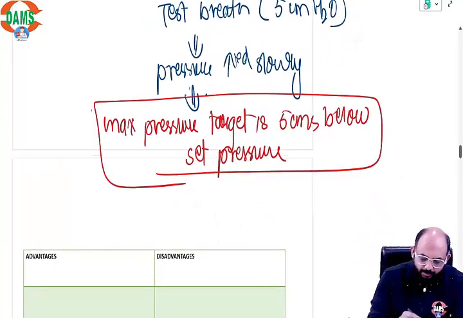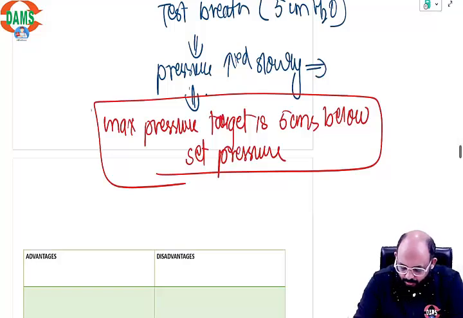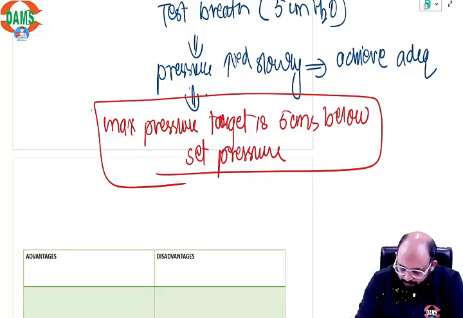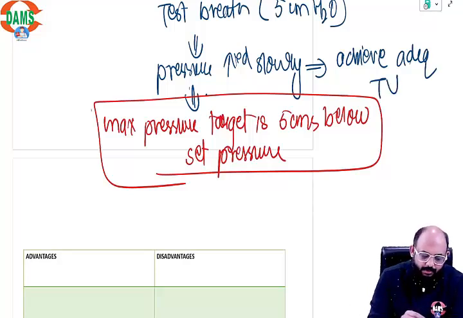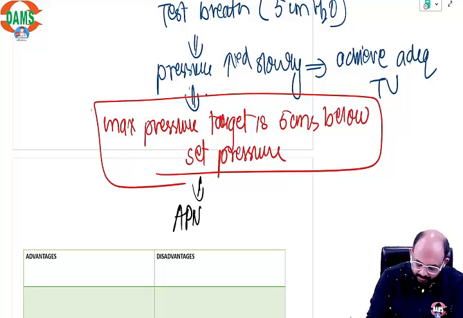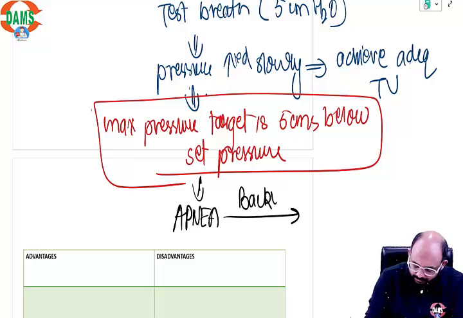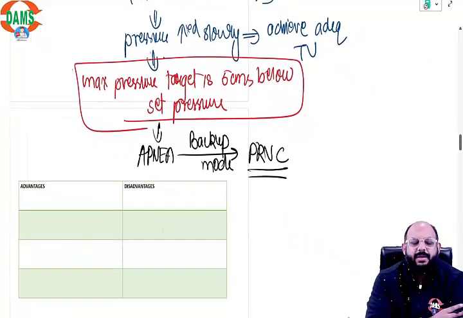So it will keep on increasing the pressure to achieve adequate tidal volume or preset tidal volume. Now at any point of time, if the patient goes into apnea, then there is a backup mode of PRVC. So the patient will then switch to PRVC.